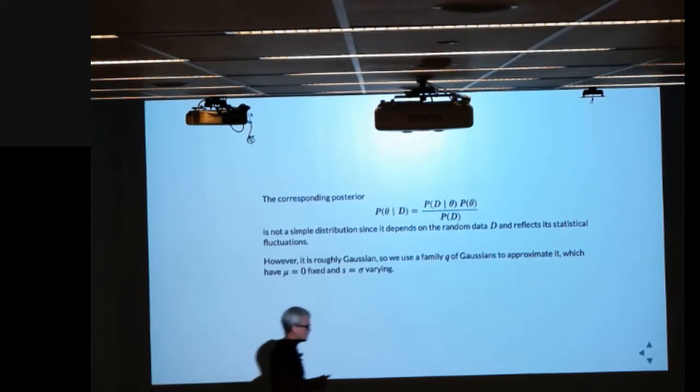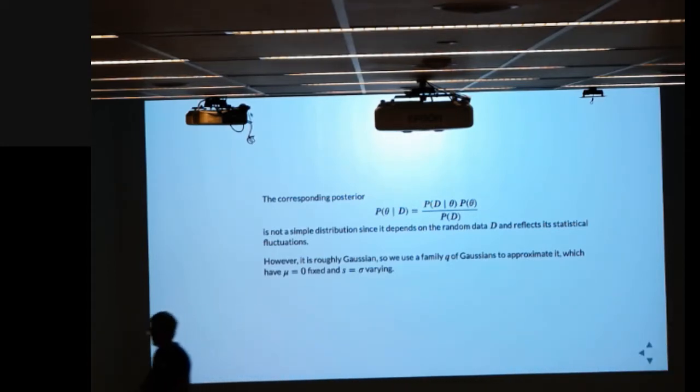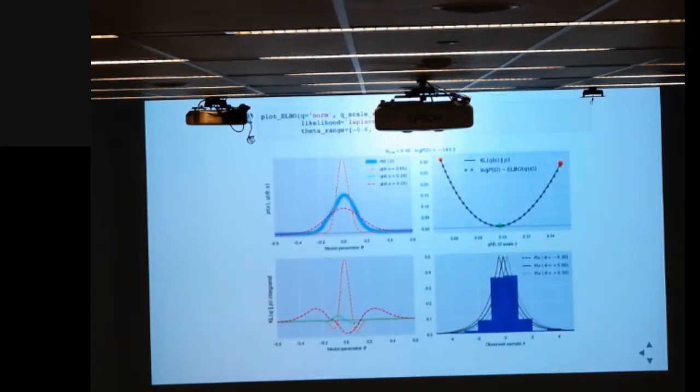What that means is that in the space of the parameter theta, varying my family means that I'm going to be changing the sigma while keeping the mean the same. So it's just a one-dimensional variation. It's really the simplest possible problem here.